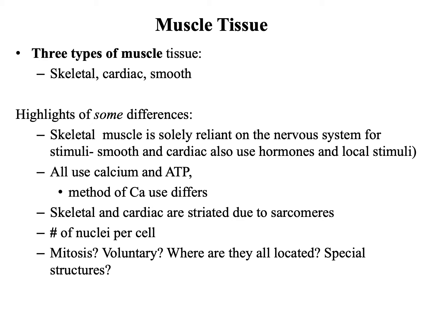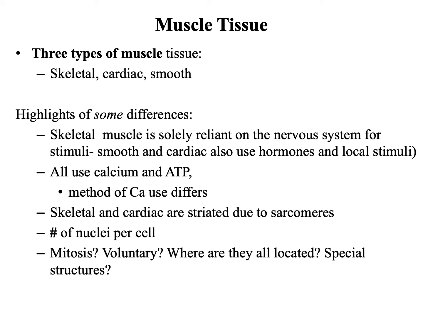So, what are some highlights about the different kinds of muscle tissue? So, skeletal muscle tissue, cardiac muscle, smooth muscle. Skeletal muscle only zaps through the nervous system. Smooth muscle can be zapped through the nervous system, but we also have hormonal control. And then cardiac muscle is all about those SA nodal cells, AV nodal cells.